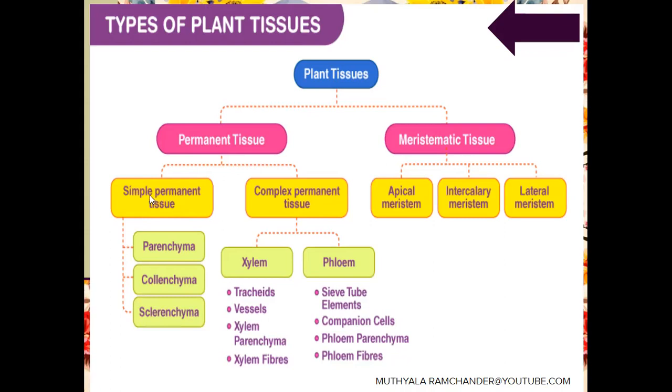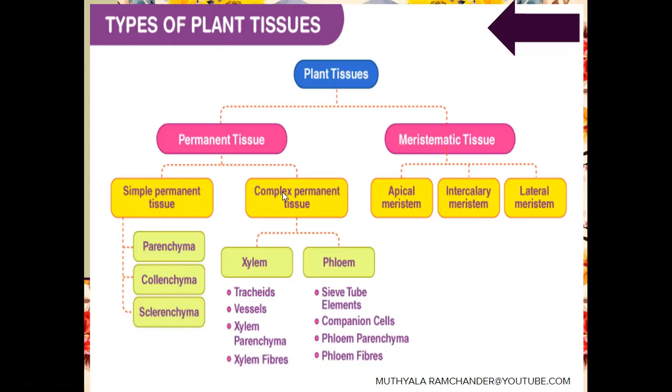Simply, in one sentence, structurally and functionally unique types of tissues are called simple tissues, or simple permanent tissue. The simple permanent tissues are mainly of three types: parenchyma, collenchyma, and sclerenchyma.